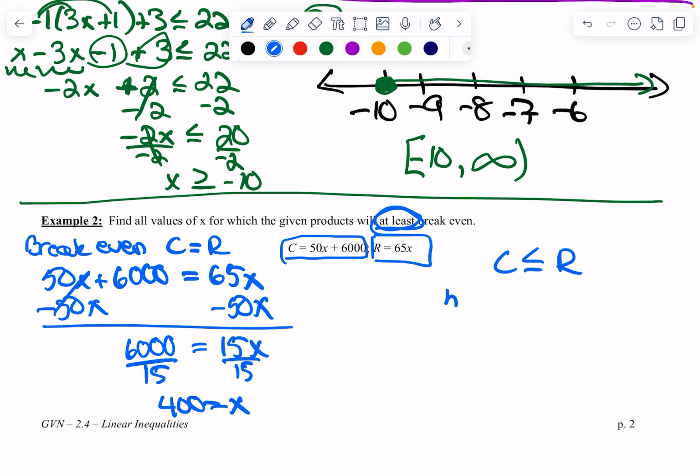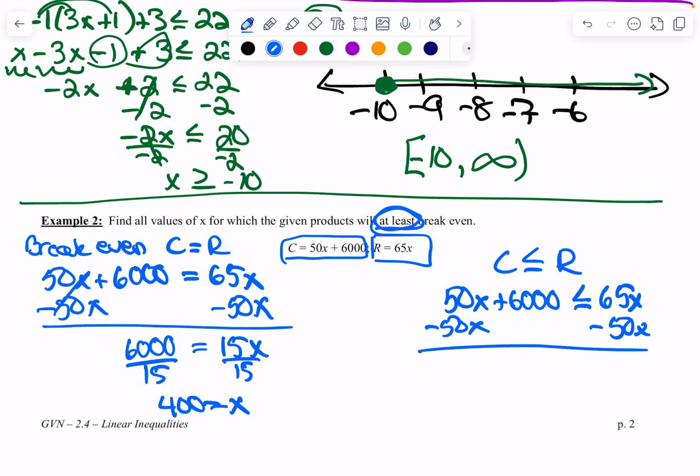So basically we're plugging in 50x plus 6,000 is less than or equal to 65x. Now, what happens here is that we would do the exact same calculations. This doesn't really change.